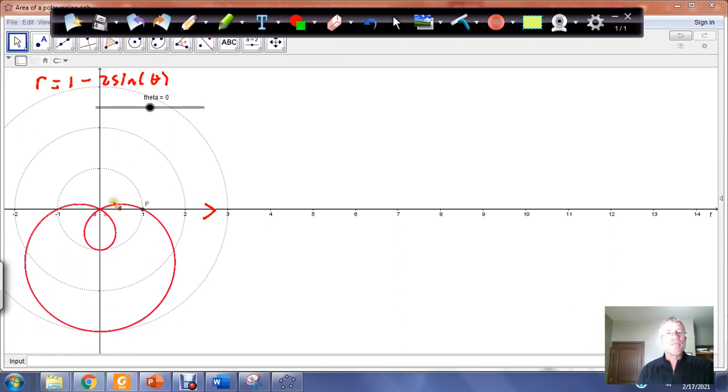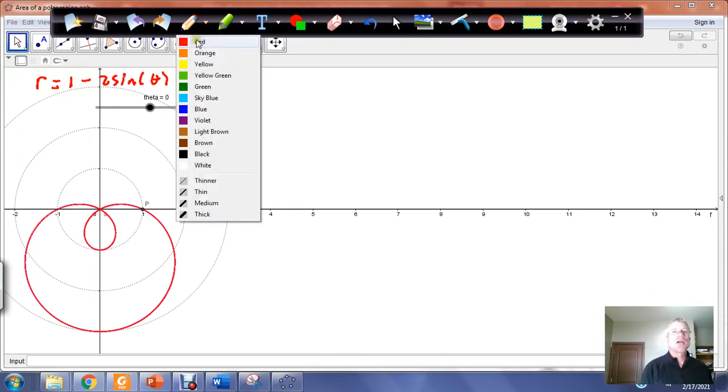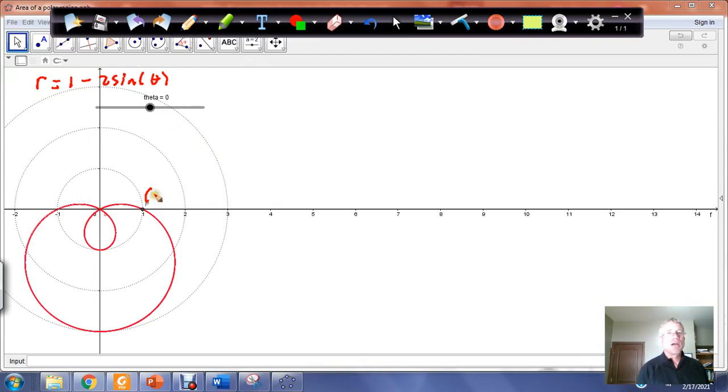So I'm really finding where I am located when the angle is 0. And that's kind of a nice start point. So when you plug 0 in here, sine of 0 radians is 0, 0 times 2 is 0, 1 minus 0 is 1. So you discover that you have a radius of 1 and an angle of 0 radians.